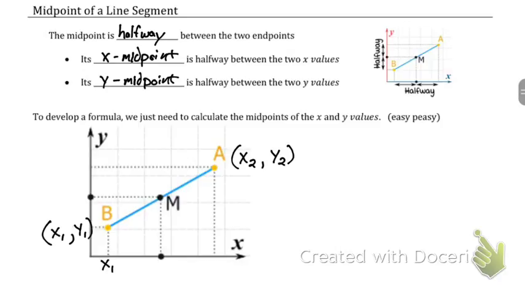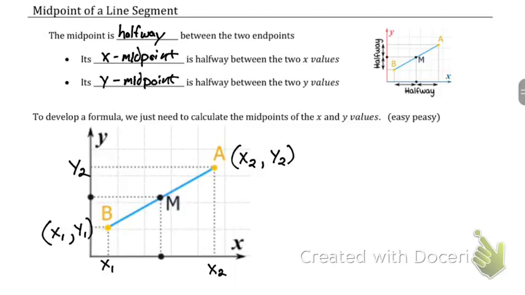To get our second point, we're going to go on the x-axis, X sub 2 units along the x-axis. And along the y-axis, we're going to go Y sub 2 up. These are my X components, and these are my Y components.